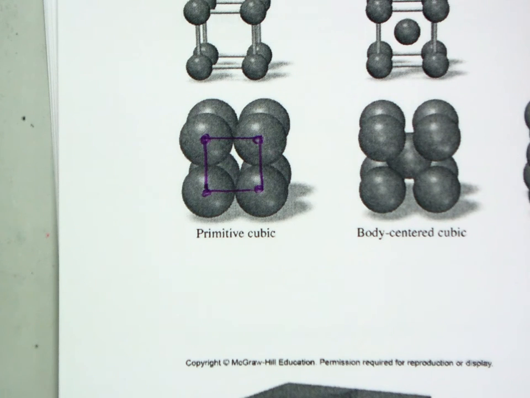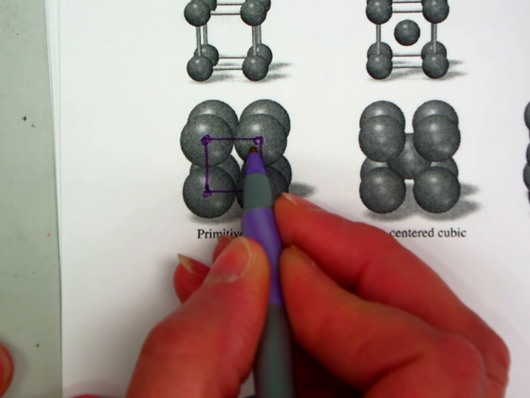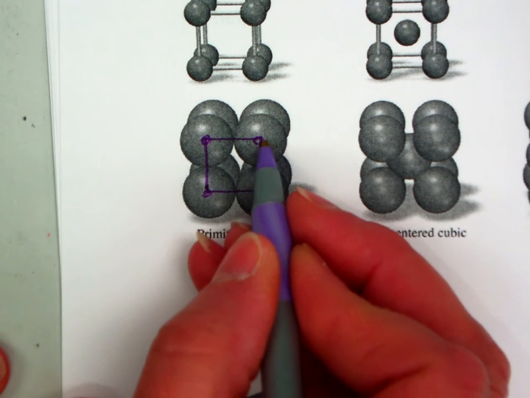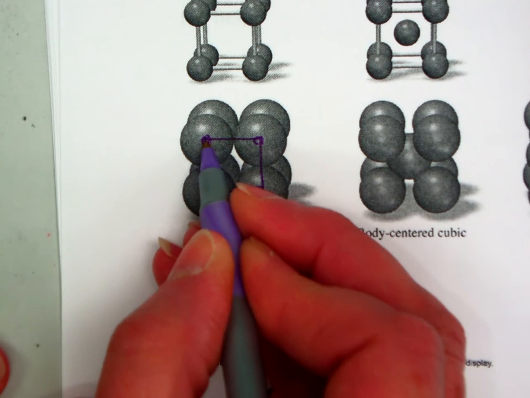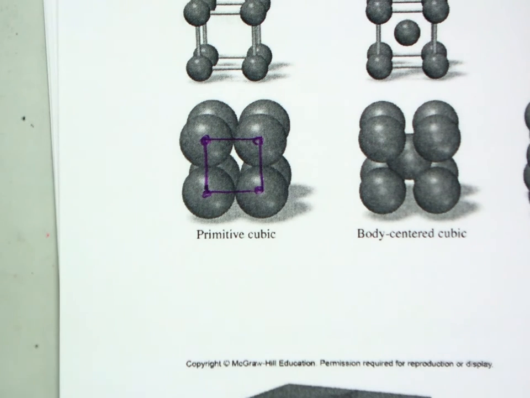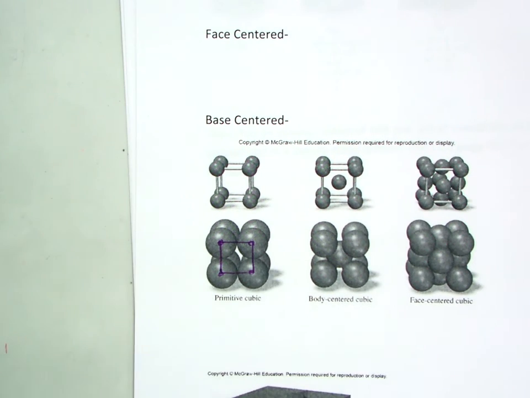Well, if the radius gets bigger, the length of the cell is equal to 2 times the radius, or the diameter, right? Because you get one radius here and one radius here. So the side of a cubic cell is equal to 2 times the radius in a simple cube. We're going to think about the geometric relationships because you're going to have to do some messy math with this. Okay, so that's the simple cell.